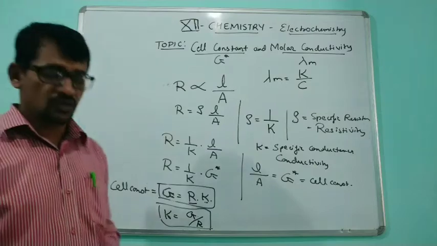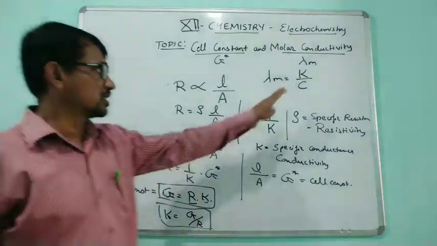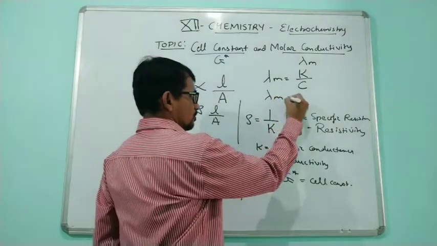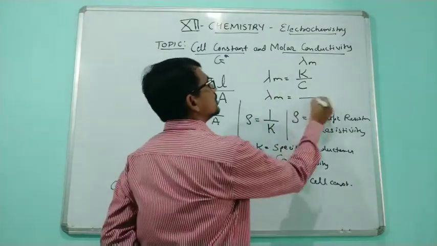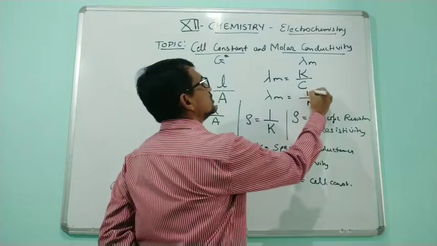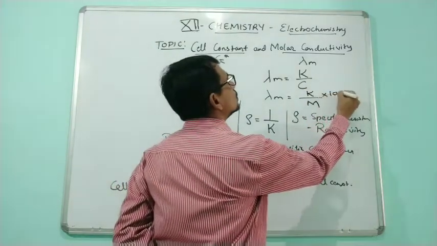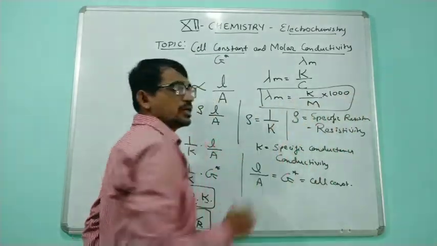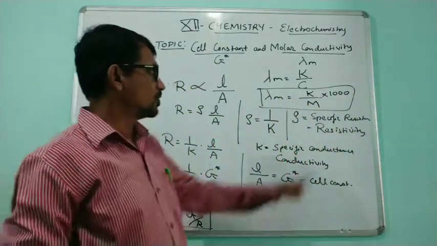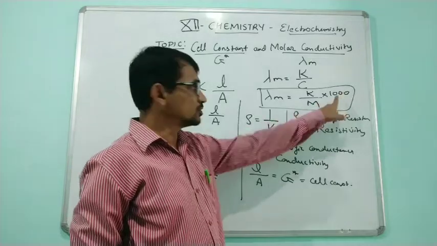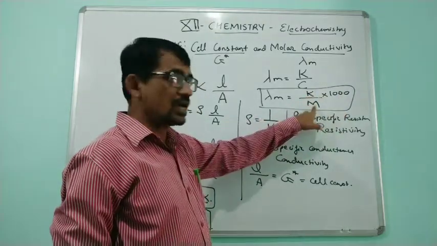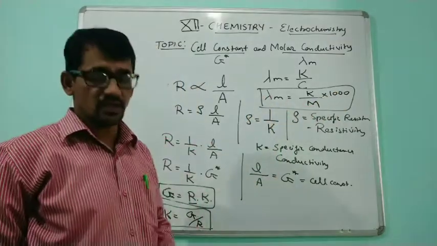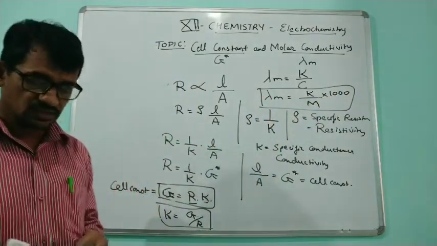So molar conductivity of the cell is equal to conductivity divided by concentration. Suppose we measure concentration in molarity M, then the equation changes. Molarity means moles per liter. You convert into meter cube, then you multiply by 1000. So it is kappa divided by M, where M is the molarity. From this we can find the molar conductivity of the particular cell.